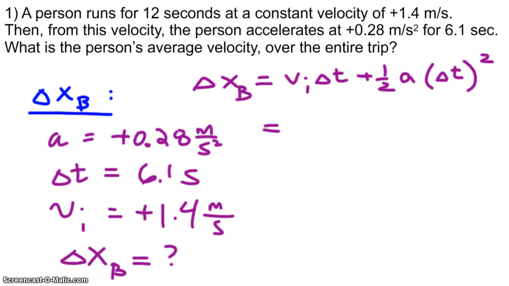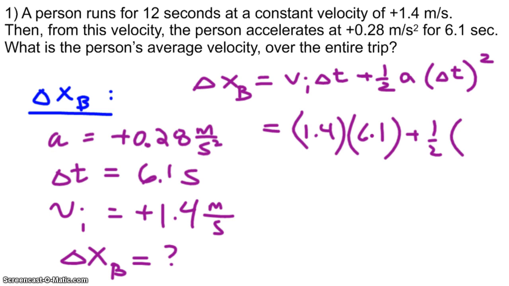Go ahead and call it delta x sub b, since that's the special name we've given to this particular displacement in portion B. So we plug in the values that were given. 1.4, the time is 6.1, the acceleration is 0.28, and the time again here is 6.1. Don't forget to square the time.